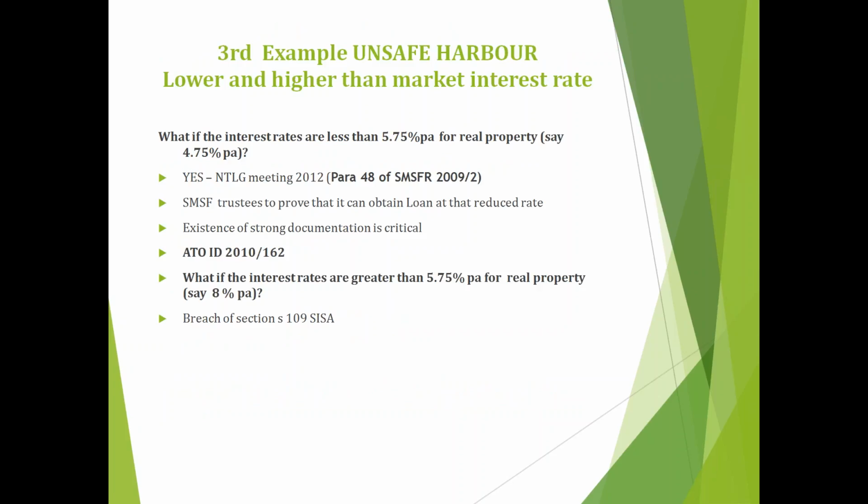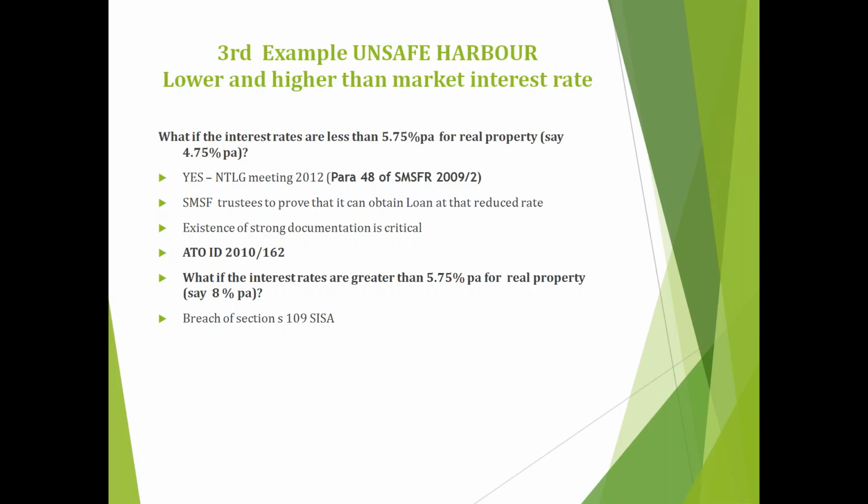Another example, what if the interest rates are less than 5.75 per annum for real property? Let's just say 4.75 per annum. The NTLG superannuation meeting in June 2012 had this to say regarding lower interest rates.